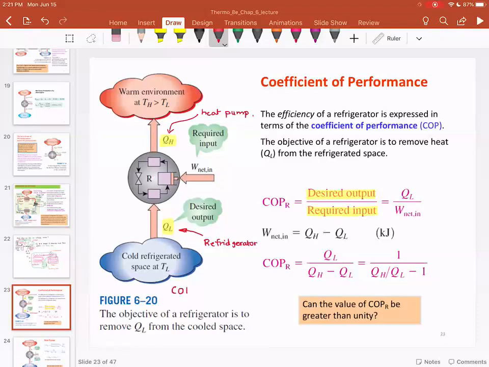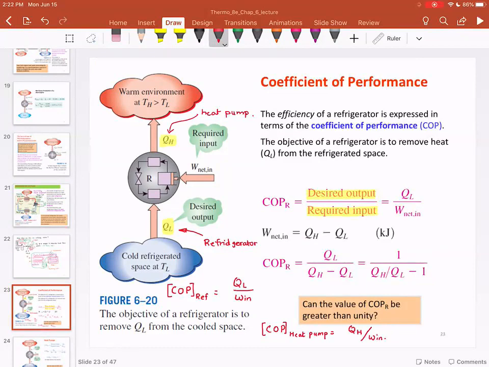The coefficient of performance for the refrigerator is the desired effect, which is QL divided by W net in. The coefficient of performance in the case of a heat pump is given as QH divided by work in.